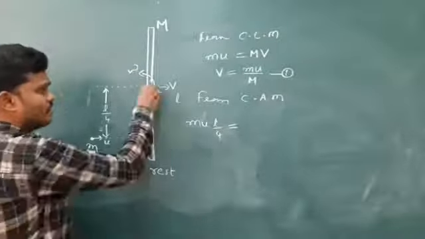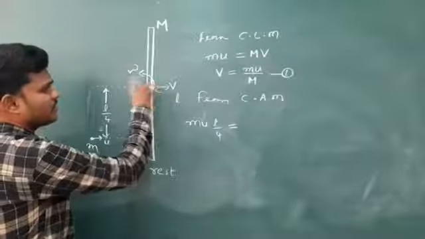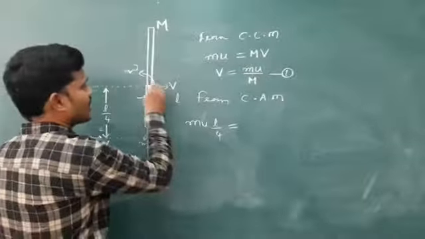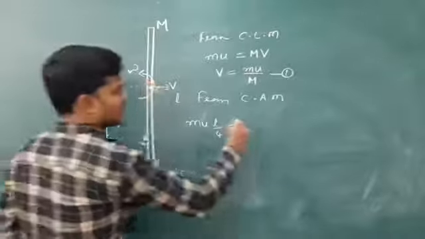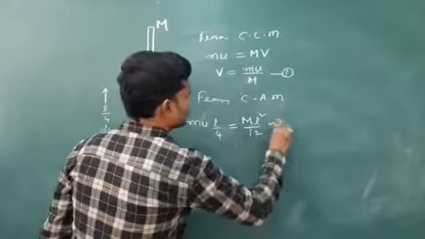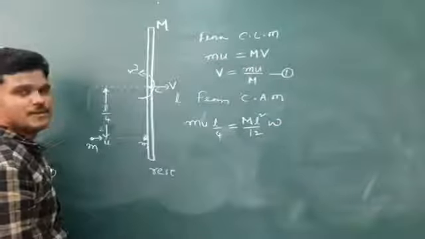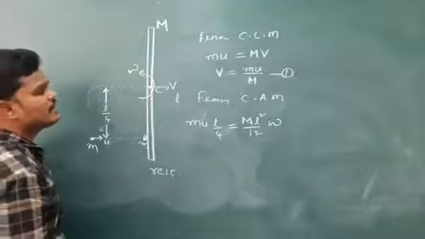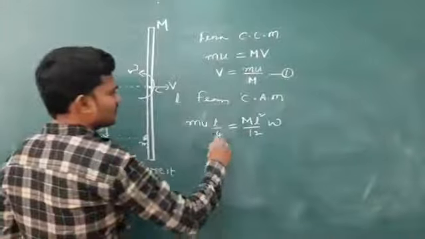So the angular momentum after the collision is I omega, where I about the center is M L square by 12, so M L square by 12 times omega. So let me get omega from this.